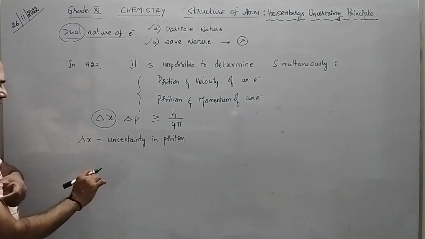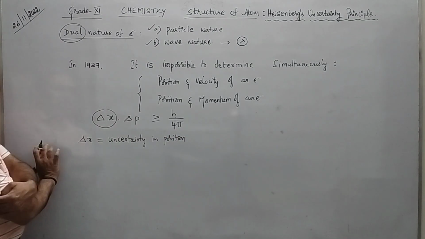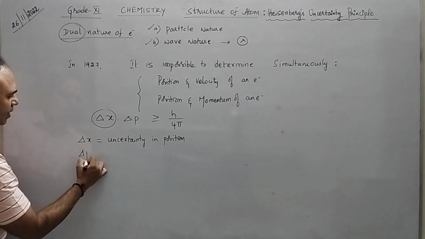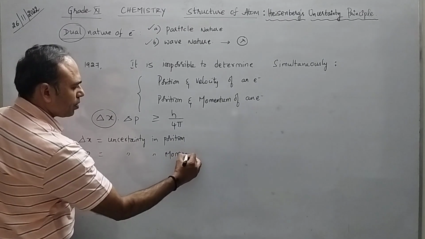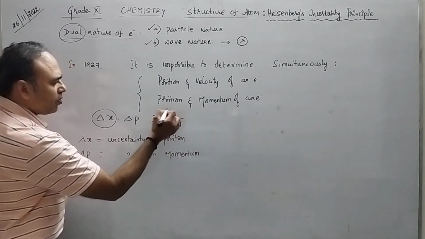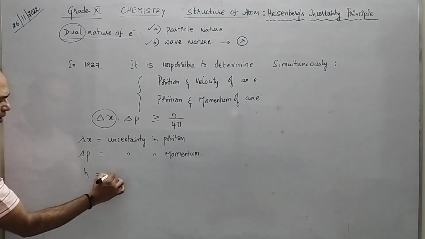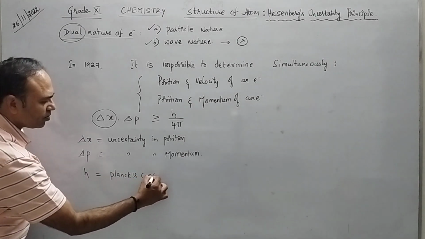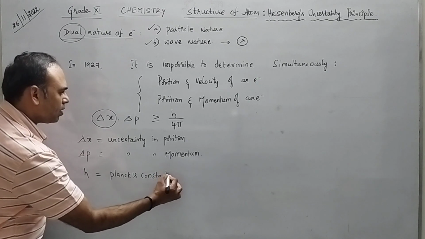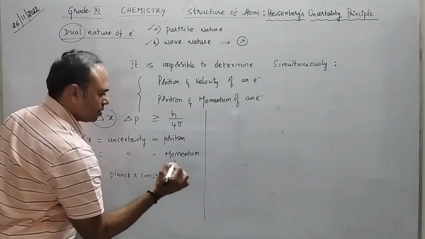Delta p is uncertainty in the momentum, and h is Planck's constant. During numericals we can write the value of this.